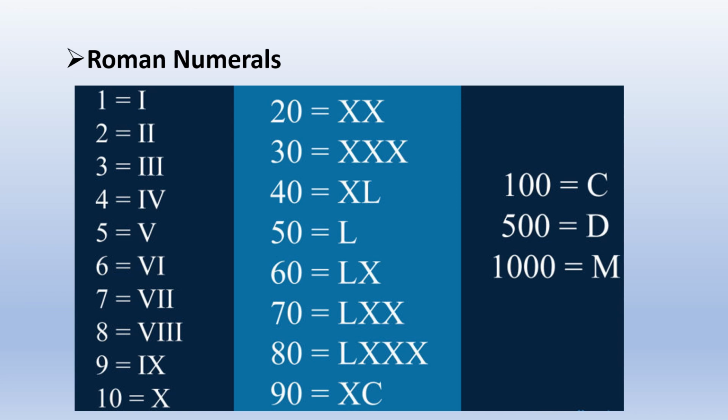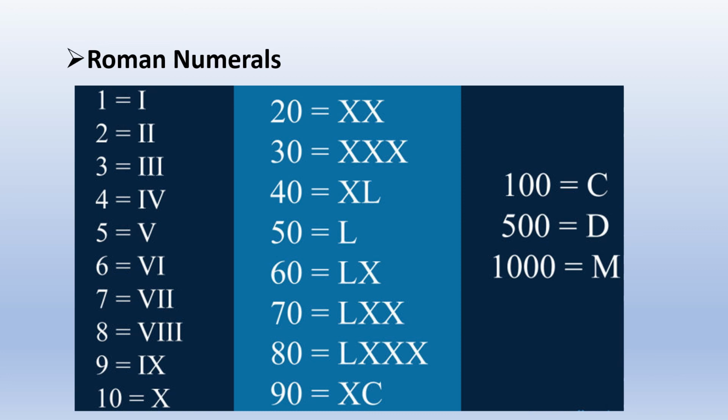For example, even now we use Roman numerals. Can you all think of an example where you have seen the application of Roman numerals? Yes, we have been using Roman numerals in clocks. It is also used for classes in the school timetable, etc.